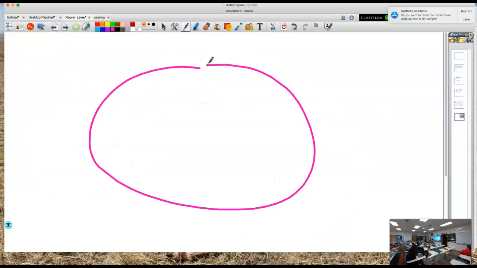How do you make an ellipse? What is that? It's just an oval. Now it's a special oval. It's not just any oval. How do we define an ellipse? Slightly bent circle? No, not quite. There's a rule that it has to follow.